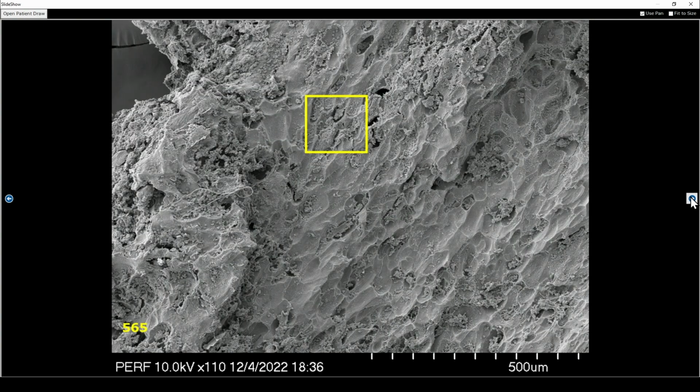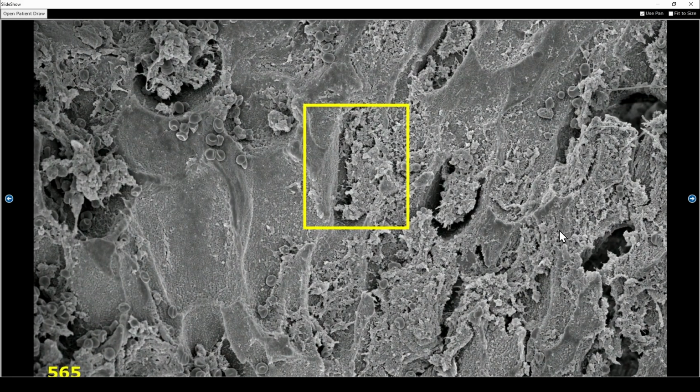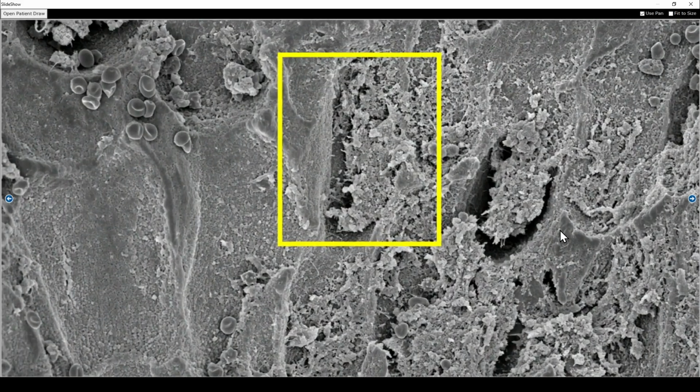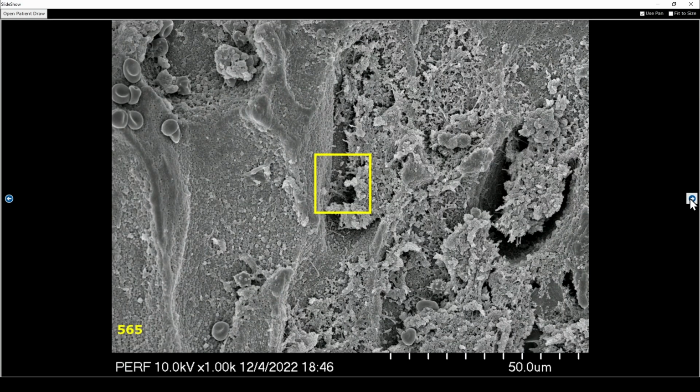Here's another fragment from PUSHPAK'S case, and when you go into it and really look at it carefully, they're just not sitting on the surface as planktonic bacteria. But when you zoom in these areas, there's the bone matrix that's pretty well decalcified.